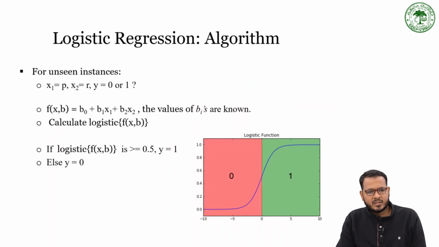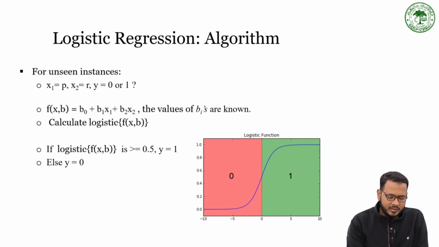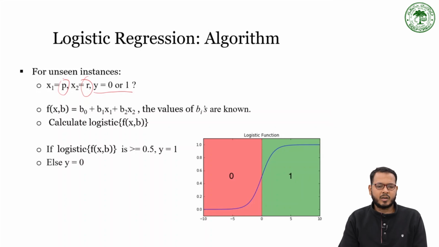What about unseen instances? How can we predict their classes? Let's say for an unseen instance, the value of x1 is p and the value of x2 is r, and we want to know the corresponding y value, either 0 or 1.